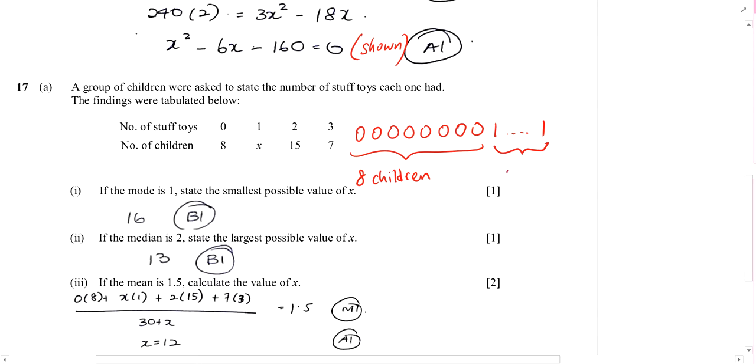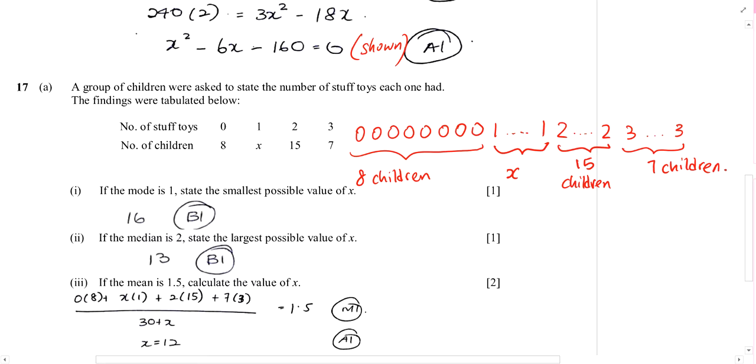This will be x children, right? Next, I've got 2s. There are 15 of them. 15 children. Then I've got 3s. There are 7 children here.